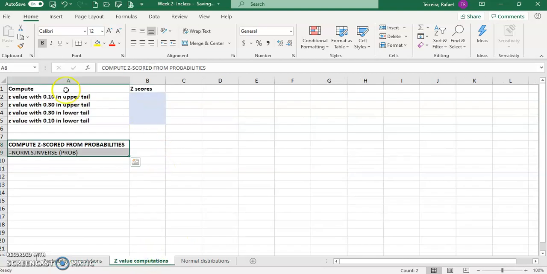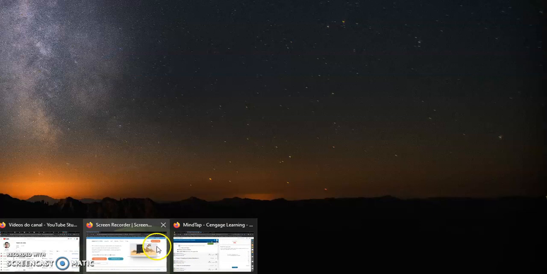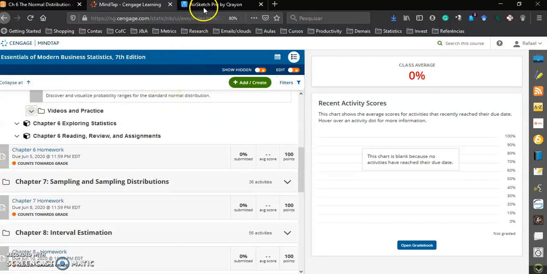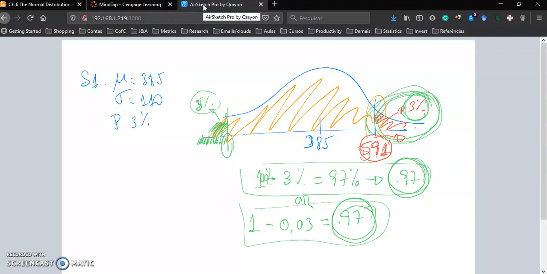So z-value computations. What is the z-value with 0.10 in the upper tail? Remember we had this same problem before in the upper tail.